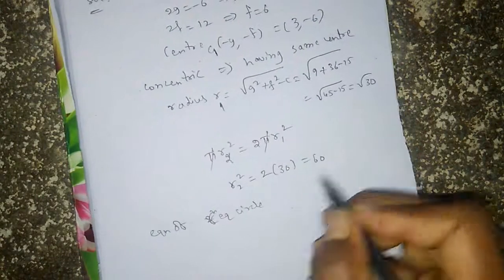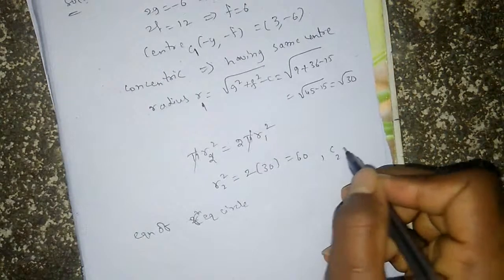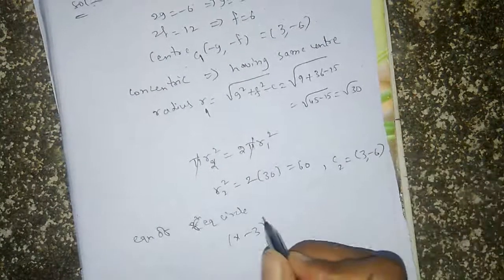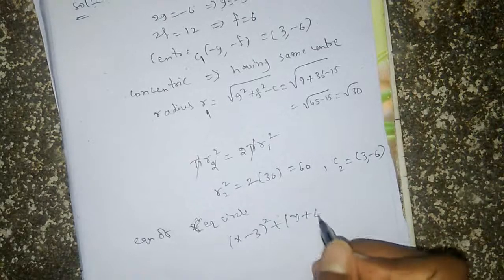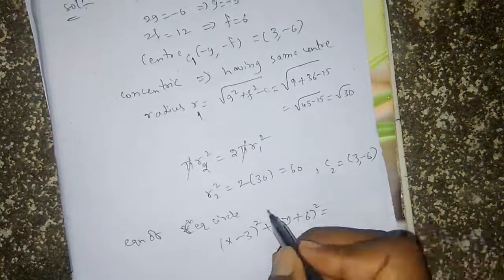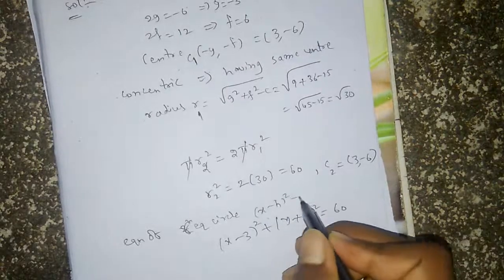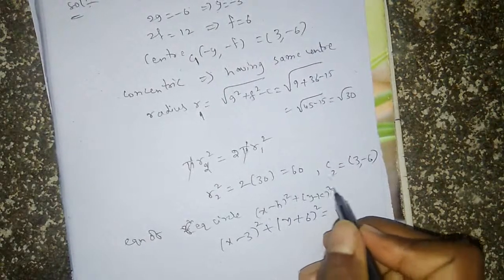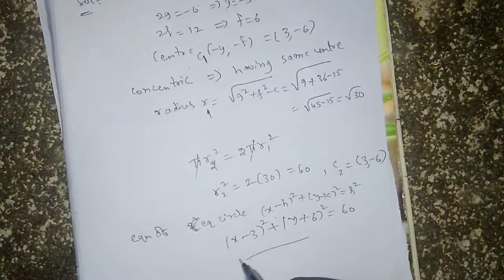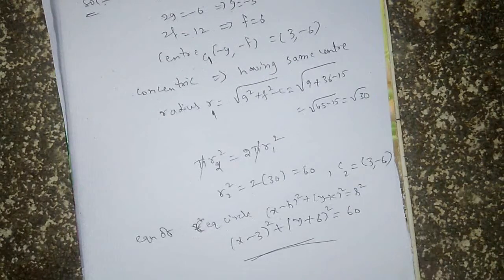It has the same center C2 also 3 comma minus 6. X minus 3 whole square plus y plus 6 whole square is equal to R2 square, that is 60. Equation of required circle. Expand this, you will get the answer.